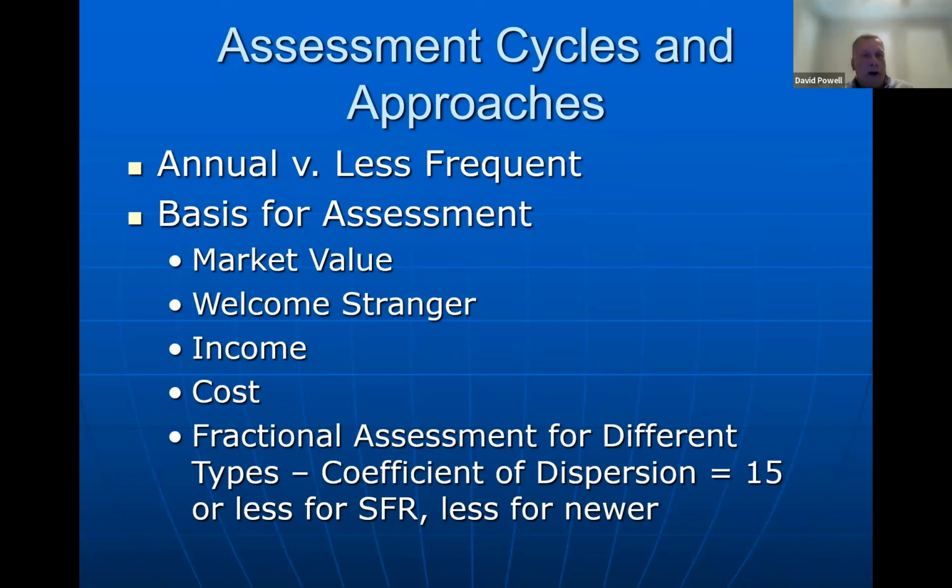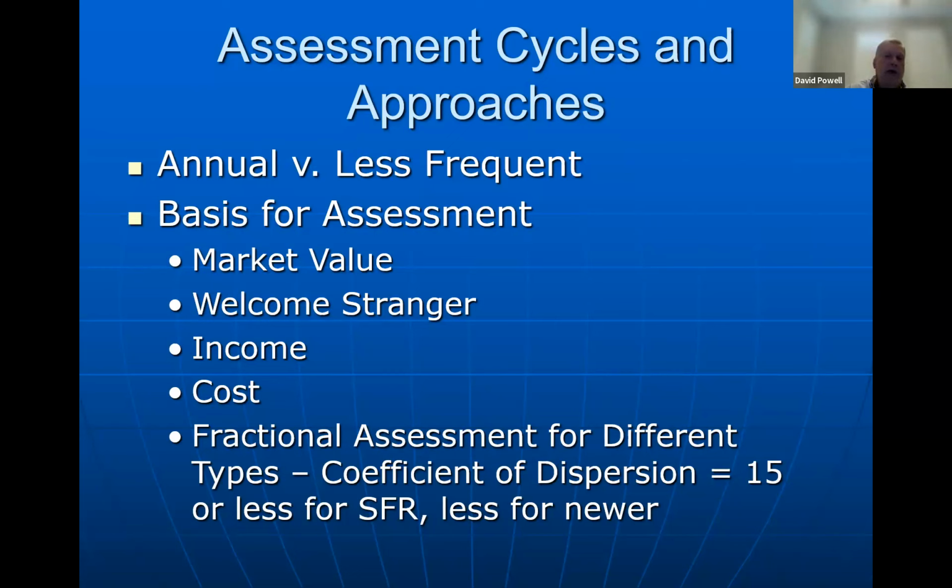The most common way in which we calculate the assessed value of property is to use this approach known as the market value approach. The market value approach asks the question, if this property was for sale on the open market, how much would this property sell for? So we set the assessed value of the property at the market value for that property.